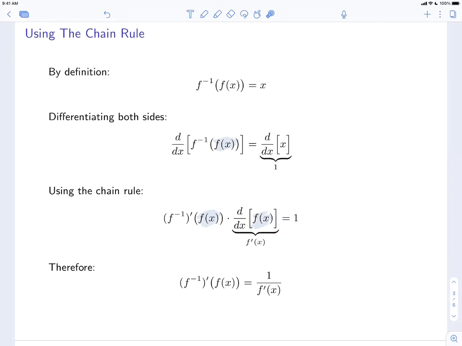If you divide both sides by this f prime of x, then you end up with f inverse prime evaluated at f at x is equal to 1 over f prime of x. And this is really the result. We've established that if f prime exists at x, then f inverse prime exists at f at x.